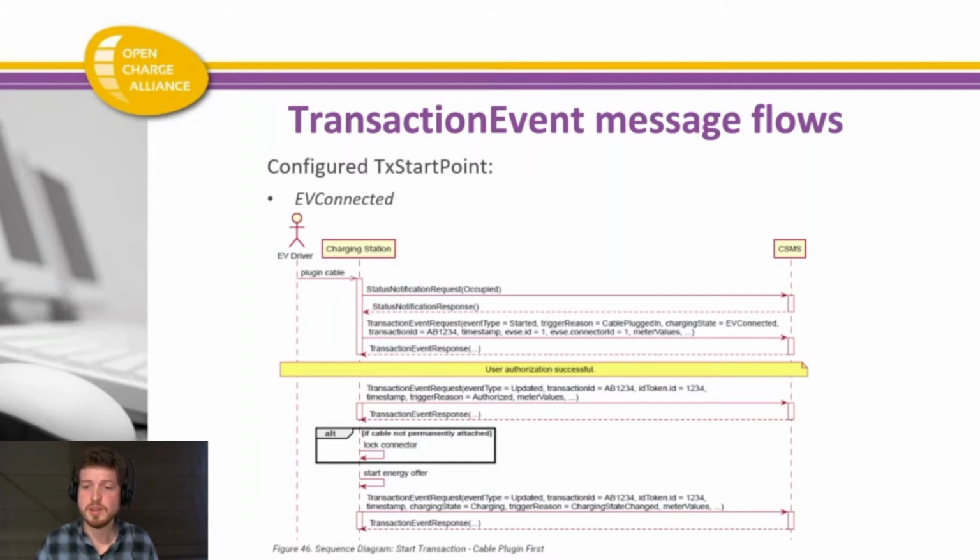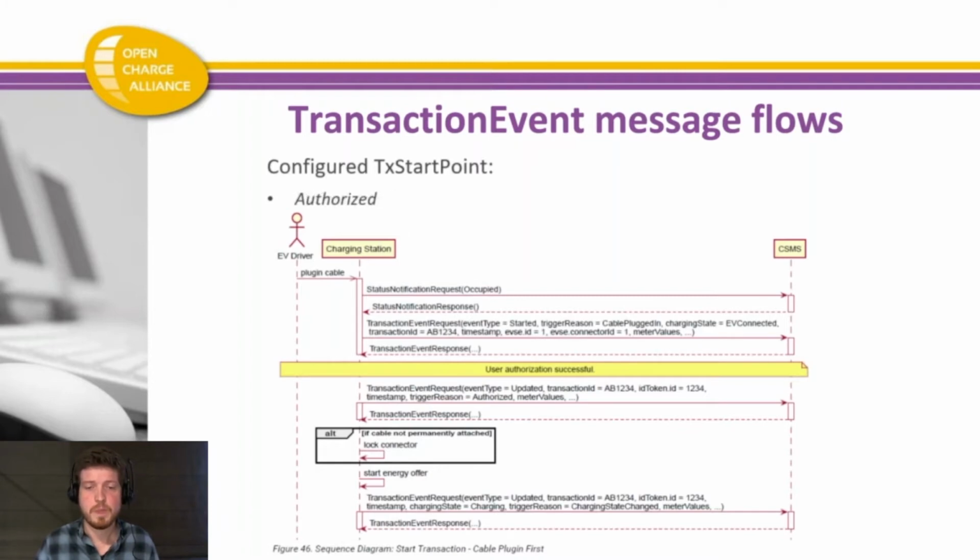Because the cable has been plugged in, you have the trigger reason CablePluggedIn. You can report the charging state as EVConnected and provide the information of the EVSE ID and the connector ID. Then there are several other transaction event messages sent in the transaction based on the trigger event. So for example, when the user authorizes itself, then you'll get a transaction event with trigger reason Authorized. And after the energy transfer has been started, the charge point sends a transaction event with charging state Charging.